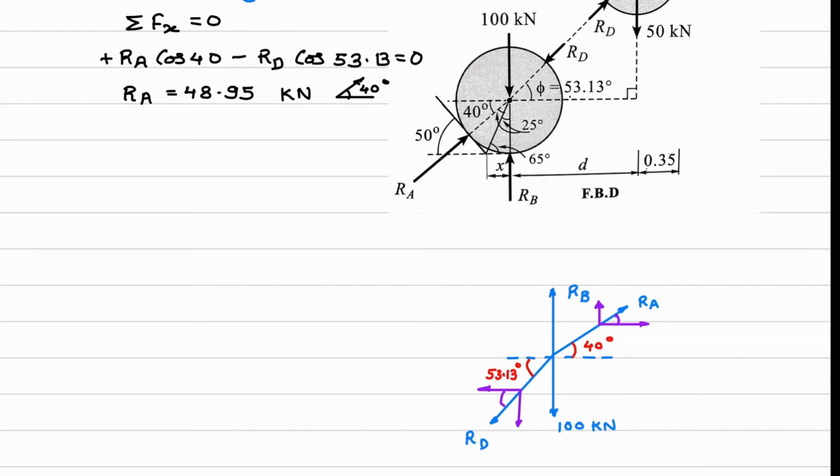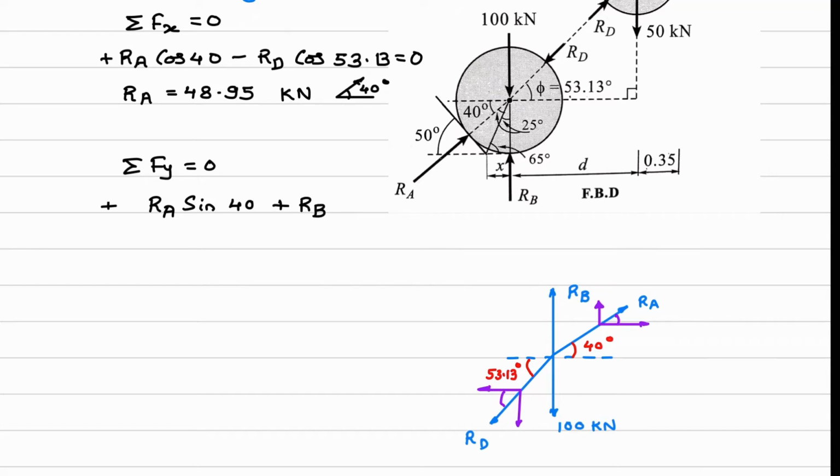Then the second condition, summation Fy equal to 0. Add all the forces in the y direction. So first, it is in upward direction, so plus RA sin 40. Then the next force is plus RB.